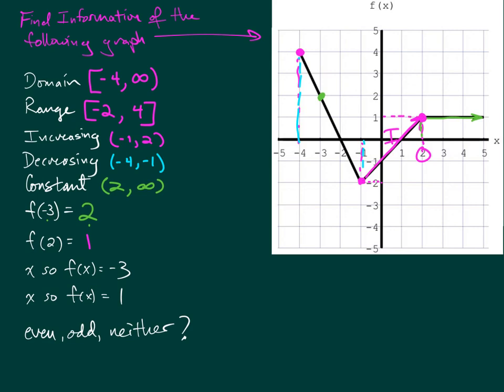So we need to find x so that the y value is -3. That's this next one. Well, this graph doesn't get down to a y value of -3. So there isn't an x that'll do this for us. So we will just say that this is undefined.